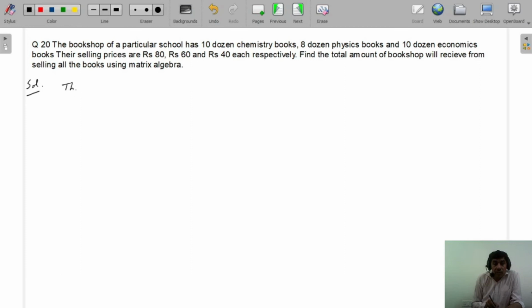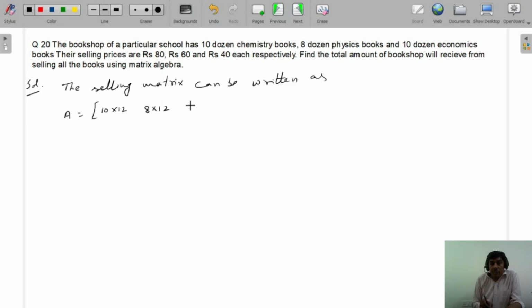The selling matrix can be written as A is equal to [10 into 12, 8 into 12, 10 into 12].